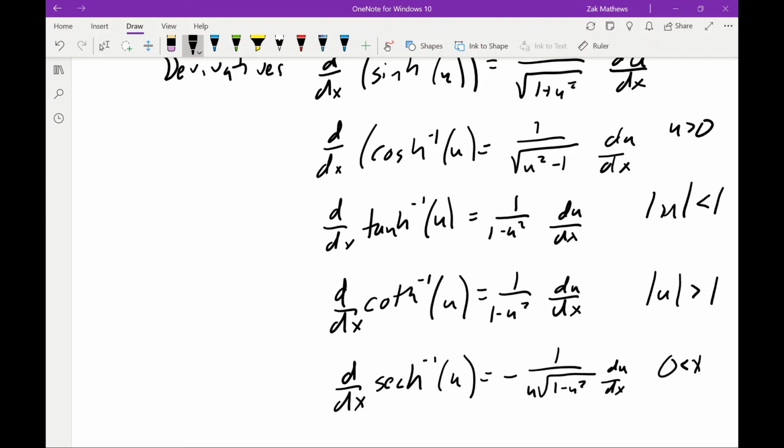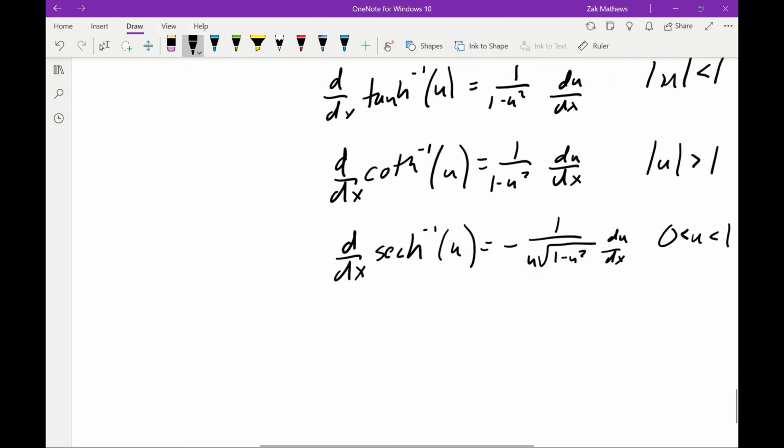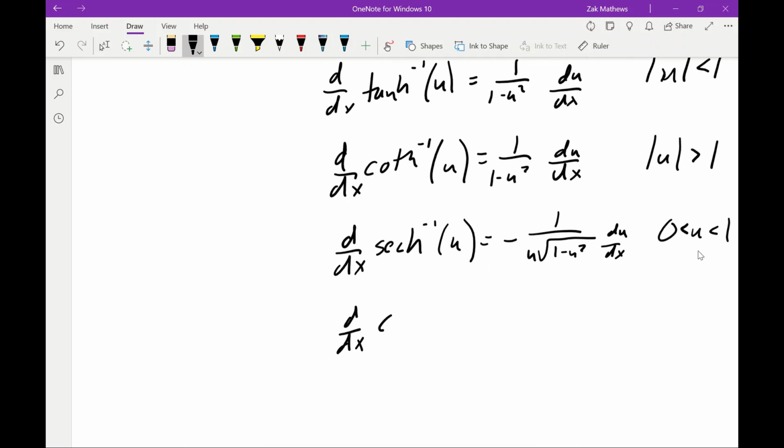I should say our u, I'm using u's here, not x's. Our u is between 0 and 1. And then the derivative of the inverse cosech of u is equal to negative 1 over absolute value of u times the square root of 1 plus u squared du dx.